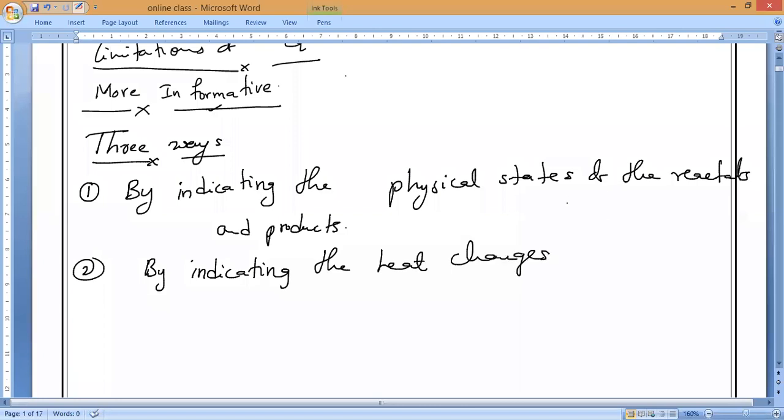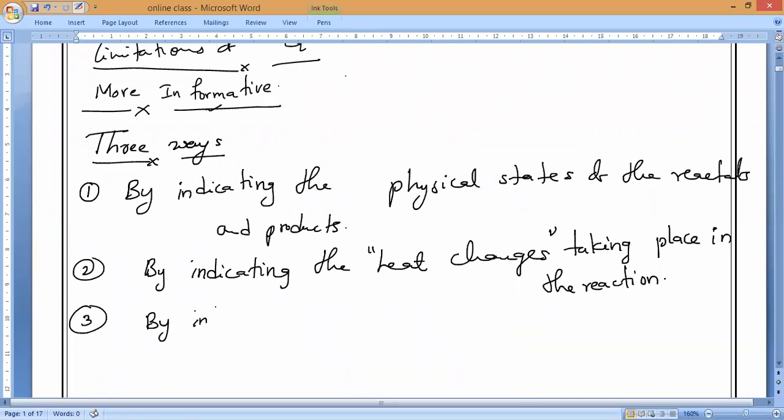Heat changes means temperature. Yes, temperature. There are 2 kinds of reaction, increasing temperature one and decreasing temperature one, taking place in the reaction. That is what we call exothermic and endothermic reaction.